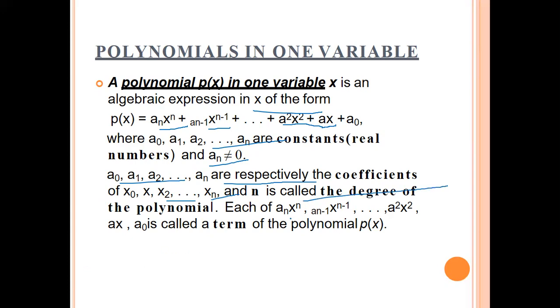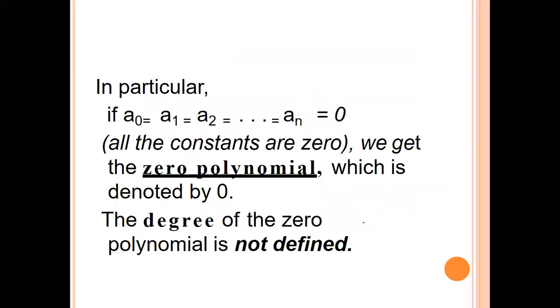Each of an x to the n, an minus 1 x to the n minus 1, up to a2 x square, a1 x, a0 is called a term of the polynomial p(x). In particular, if a0 equals a1 equals a2, and so on up to an equals 0, all the constants are 0, we get the zero polynomial, which is denoted by 0. The degree of the zero polynomial is not defined.